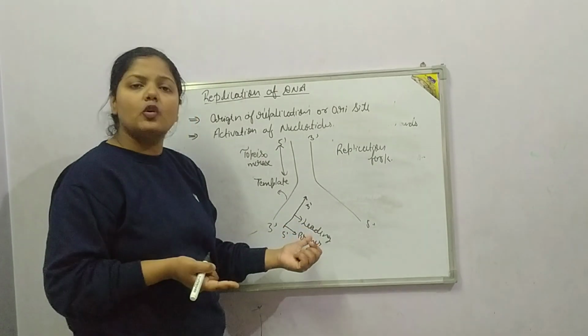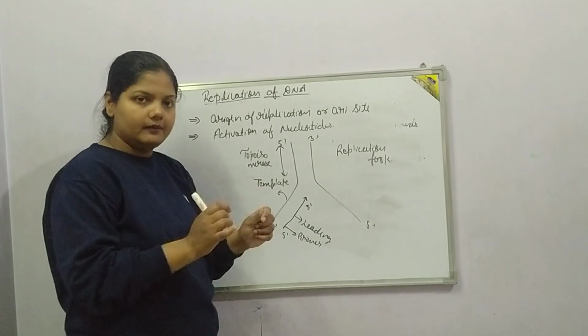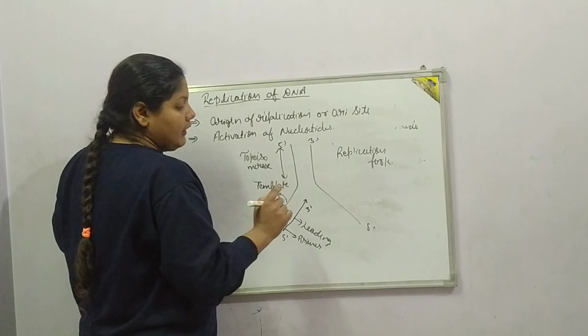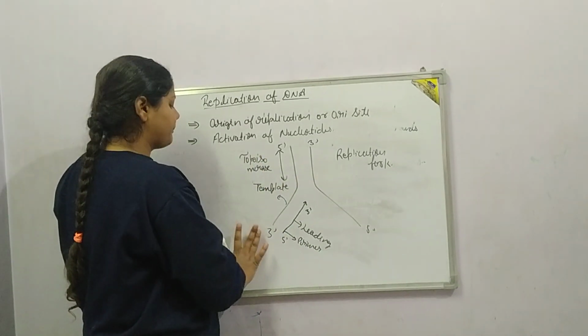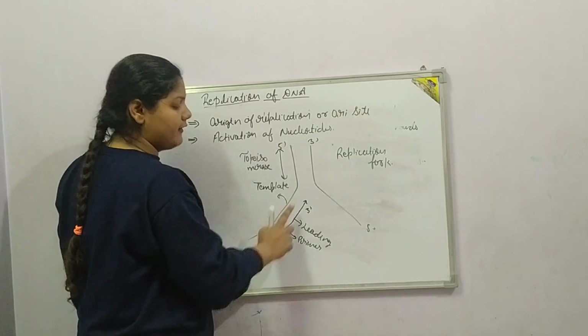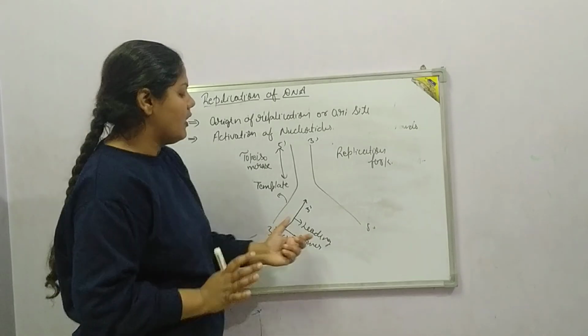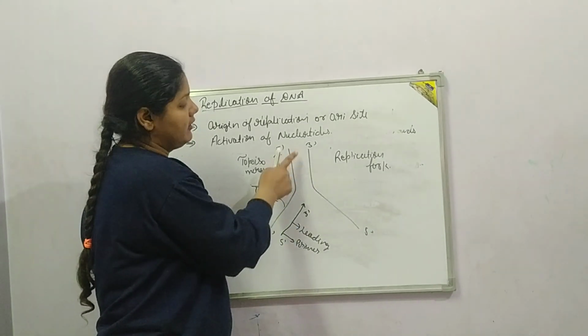Why this strand is known as the leading strand, we will discuss right now. This strand was in the direction 3' to 5', and the newly synthesized strand was in the 5' to 3' direction. All okay with this strand. But now look here.